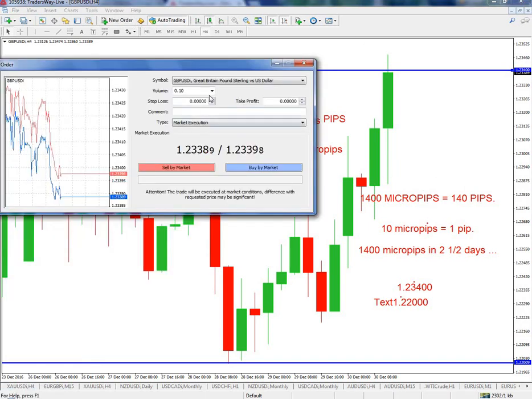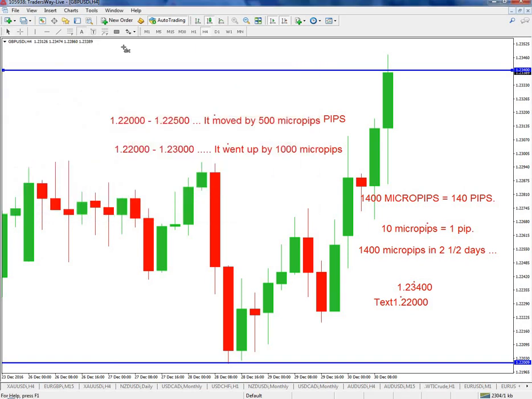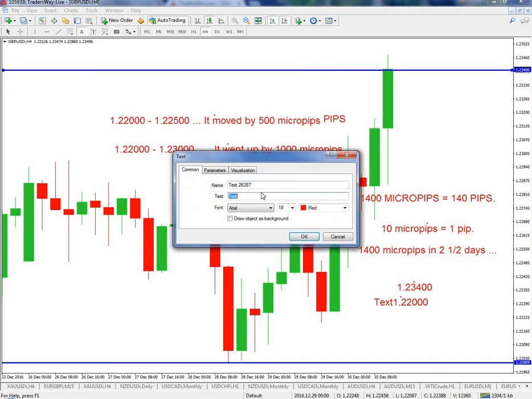So let me go ahead and write all this down. 0.01 is a mini lot, because whatever that lot is, that's how much you're going to make per micro pip. So let's say I did a 0.01 lot. That means I would make 1 cent for every micro pip that moved. So if I catch 1 pip, which is 10 micro pips, I'm looking at 10 cents.